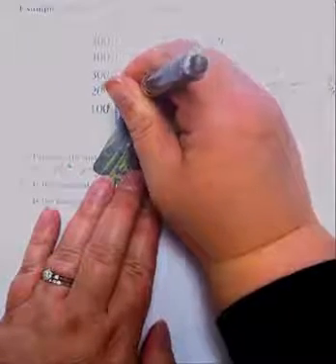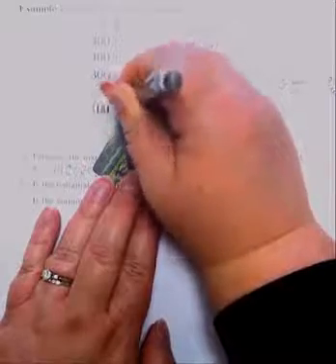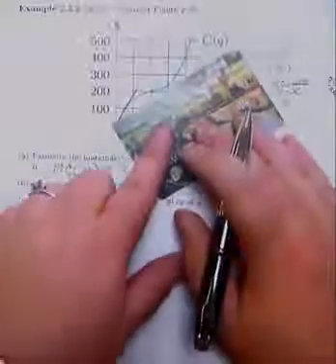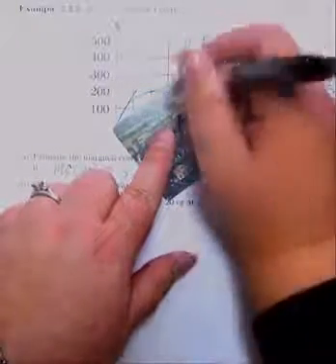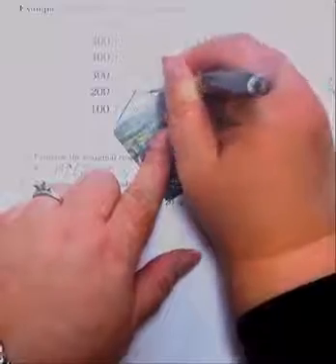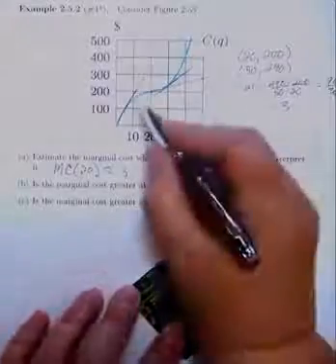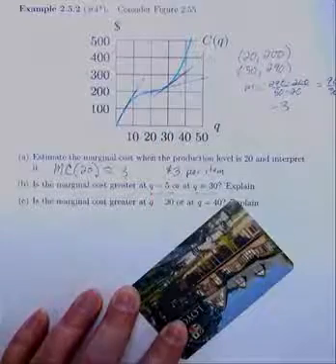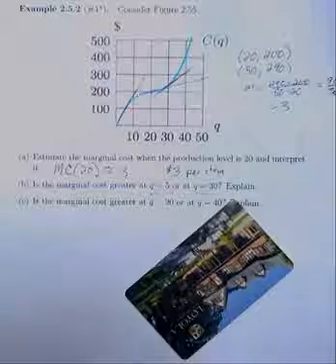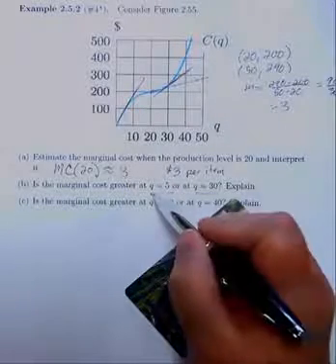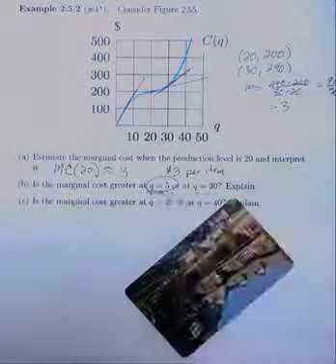Sketch it. And at 30, it might look like something like this. Both of these are positively sloped lines, but this one has a slope that would be larger. So the marginal cost is greater at 5.